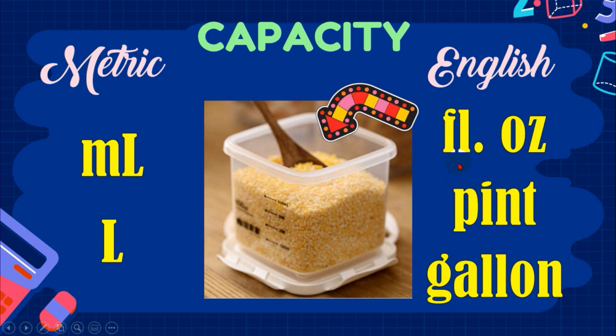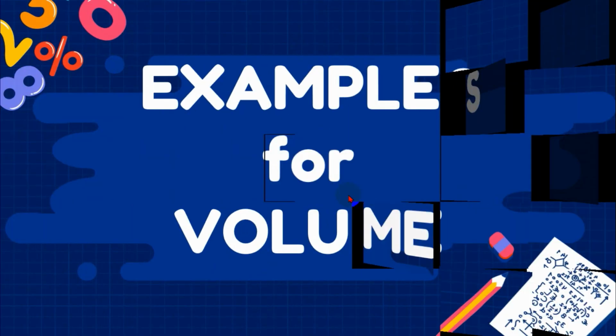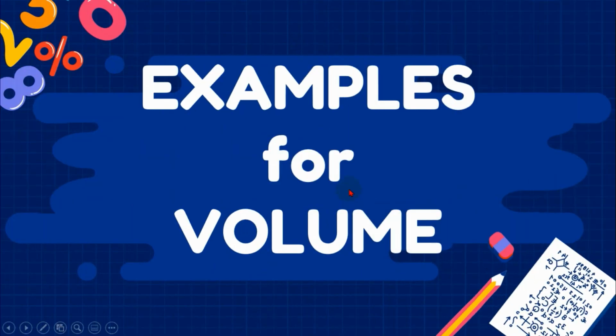The gallon is big. That is why we call other containers a galon, because of this unit. There really is a unit called gallon. Okay, so let's have the following examples for volume.